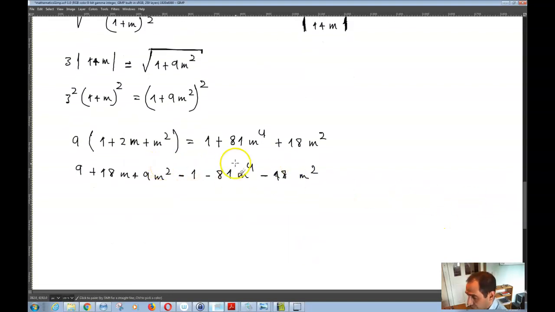So then I have negative 81m raised to the power 4 is equal to 0. Now 9m squared minus 18m squared is equal to negative 9m squared. And then we have plus 18m, and 9 minus 1 is equal to 8.